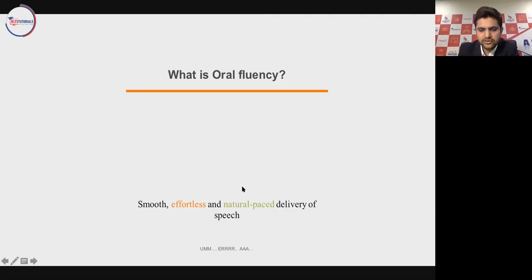The pace should be as of a native speaker, the way you speak in your native tongue, when you're doing conversations in your native tongue. That is the pace that is expected when we say a natural paced delivery of speech.